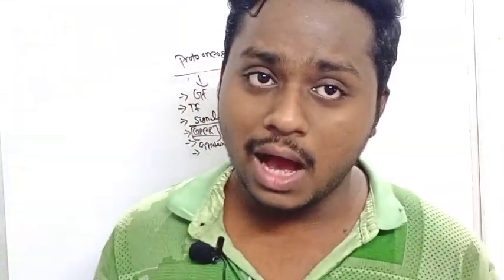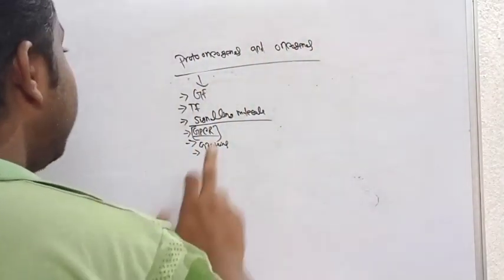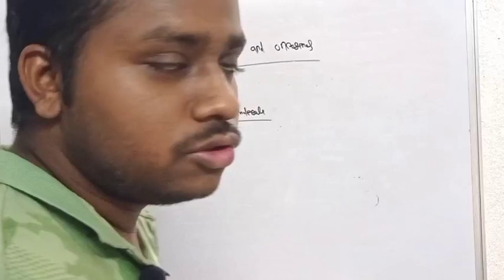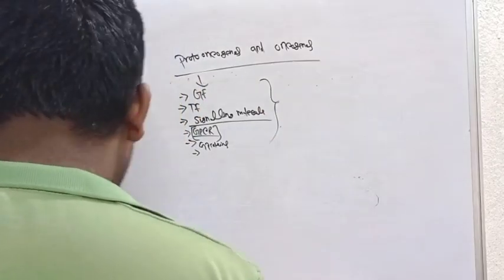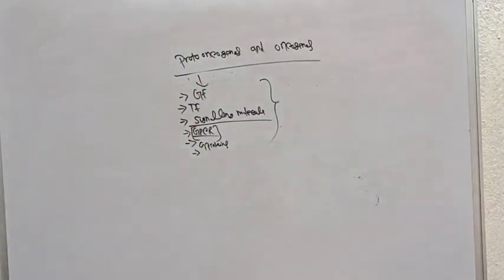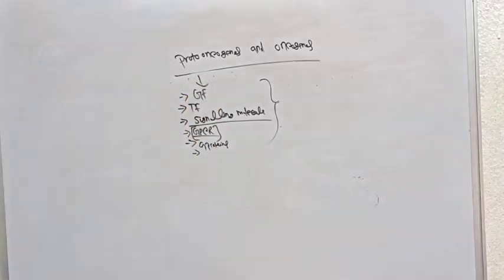Normally proto-oncogenes are present within us, but suppose this gene is mutated. Proto-oncogenes normally produce these kinds of proteins: growth factors, transcription factors, signaling molecules, GPCRs, G proteins.